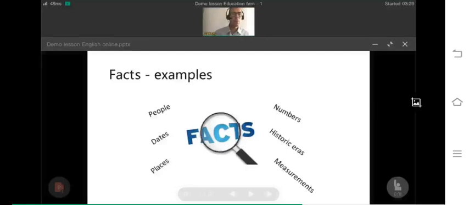Facts. Students, what are facts? Let's have some examples. Okay, over here, numbers, good. Persons, yeah, good. Names, yeah, okay. Links with people, good. Locations, yeah, or places, brilliant. Distance, yeah, that's good. Under measurements. Historic era, good.